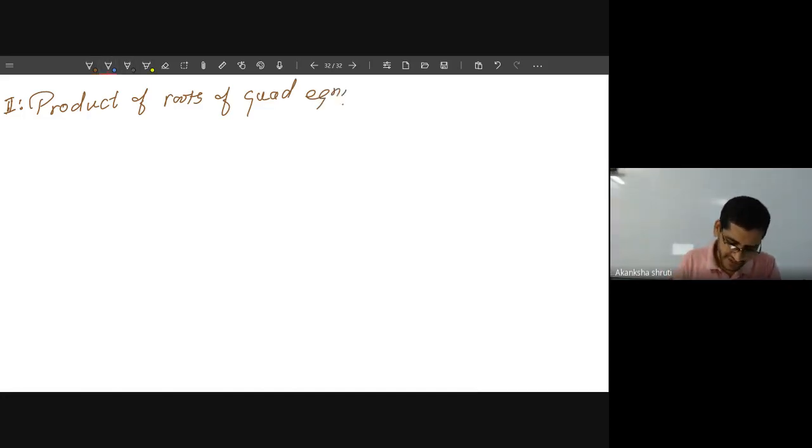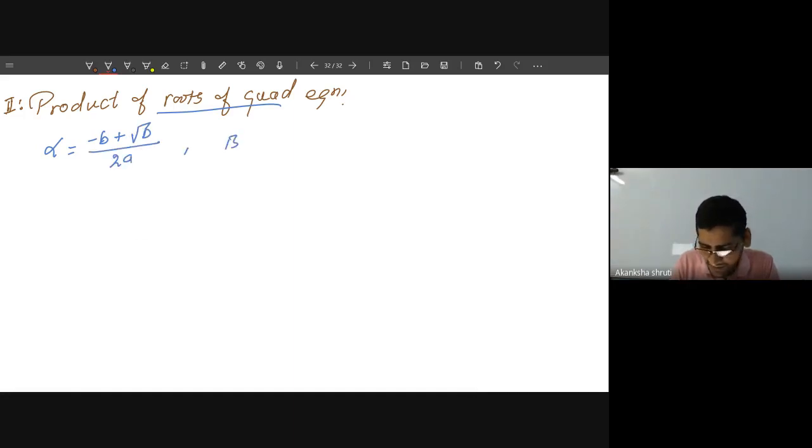Again, the roots that we have taken earlier: alpha is minus b plus under root of D divided by 2a, and beta is minus b minus under root of D by 2a.